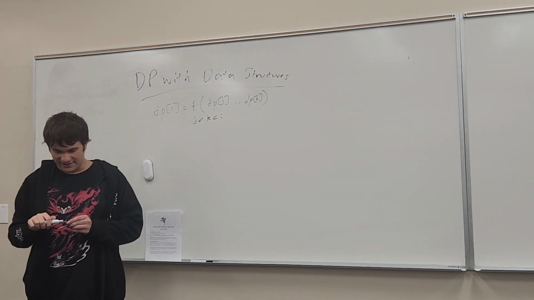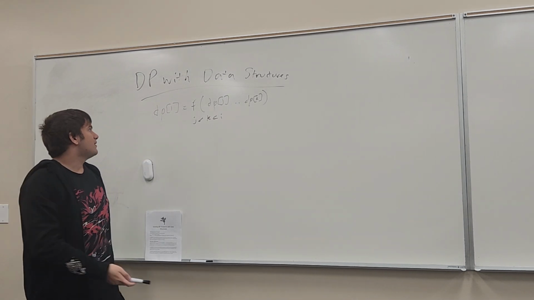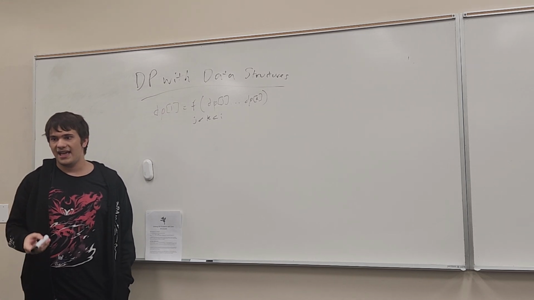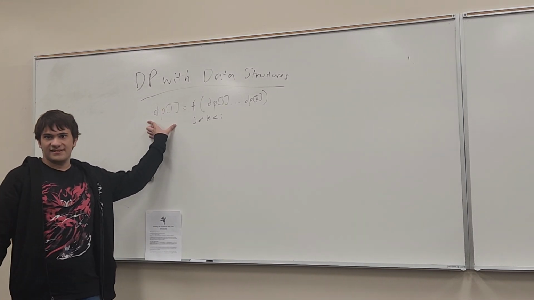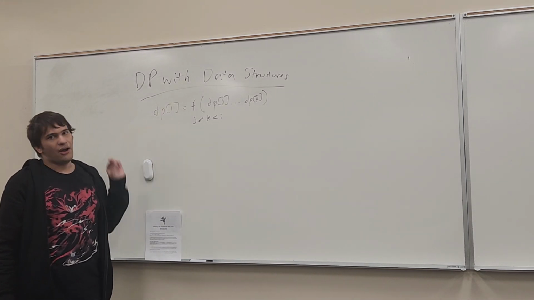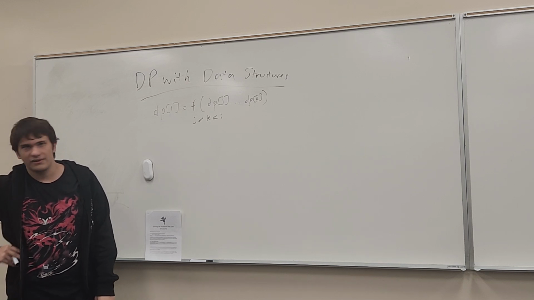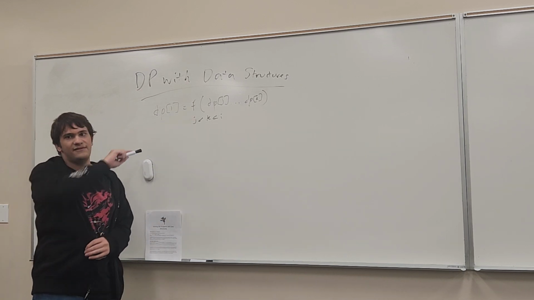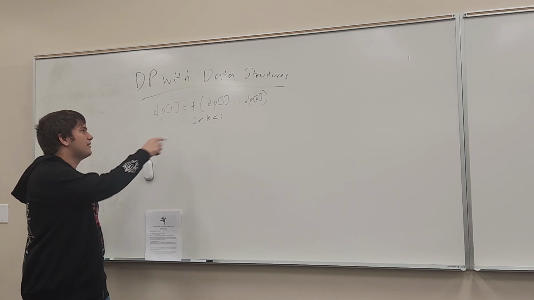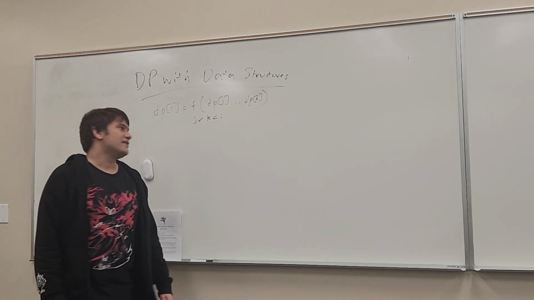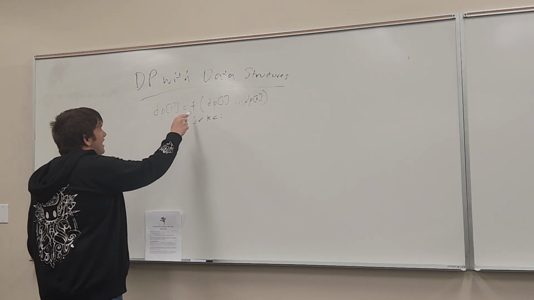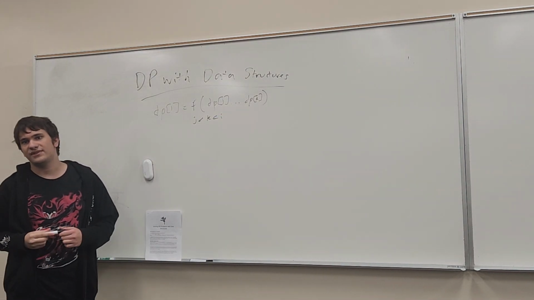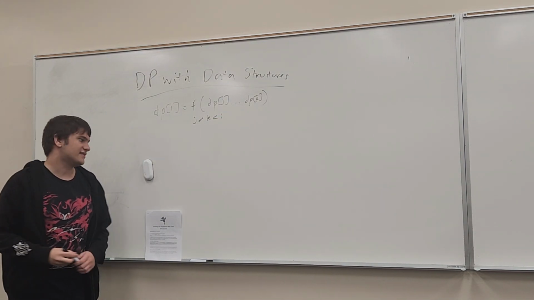Obviously, looping through this range could hypothetically be up to the size of the state. There's no real bound on it. So instead of looping through all the previous DP values and combining them with the function, we could calculate this function using a range query instead, and use some sort of range query data structure to do that.